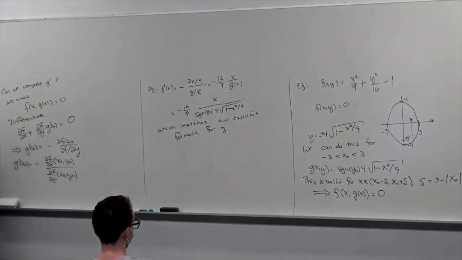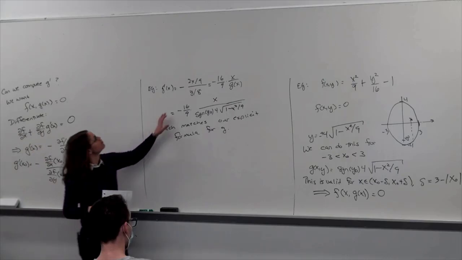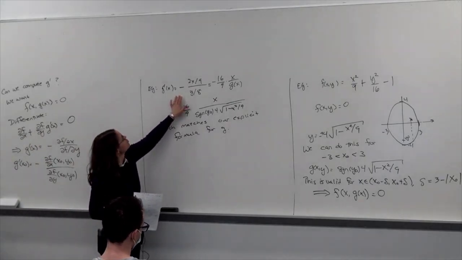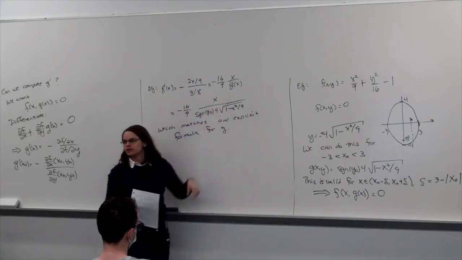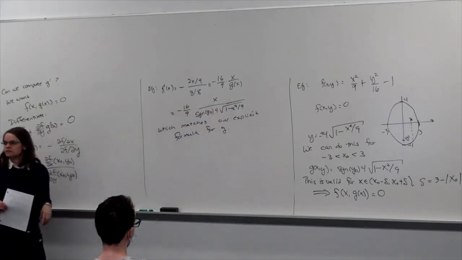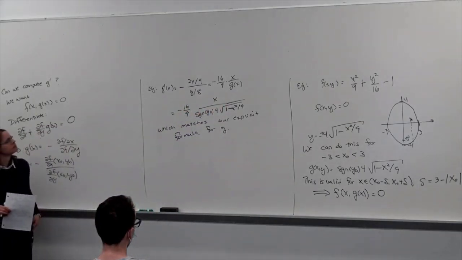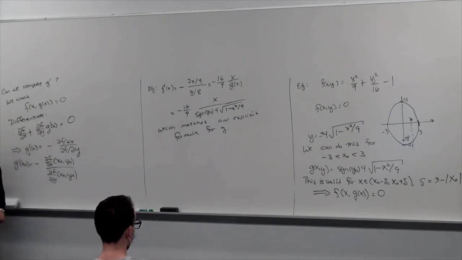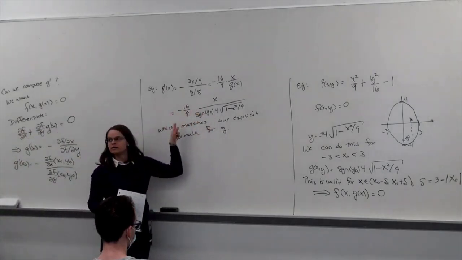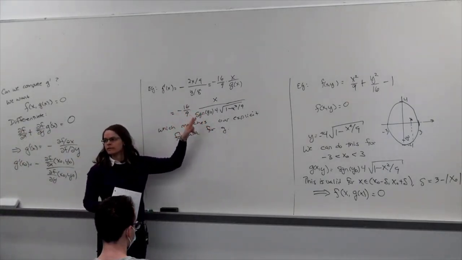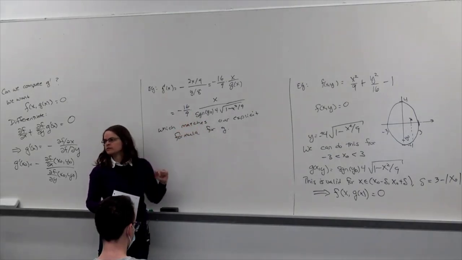Yeah? Can we find g from this formula here? I guess you have to solve a differential equation if you want to do that. You mean from this right-hand side here? Yeah, I mean, you'd have to integrate it.